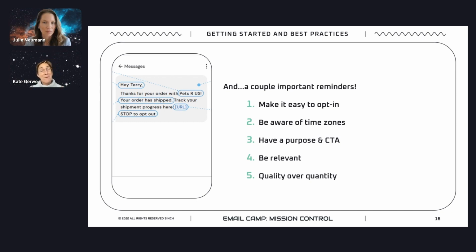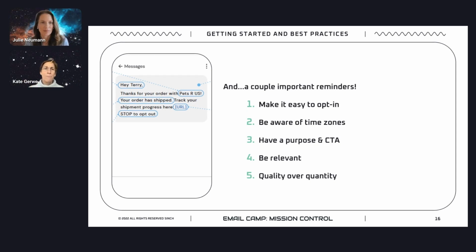Second, be aware of time zones. Sending an email in the middle of the night isn't damaging, but sending a text message that wakes up an important customer in the middle of the night is not a great thing. So just be aware of the time zones. It's a different communication. And then, some of the basics. Have a purpose. It is a more personal communication channel.